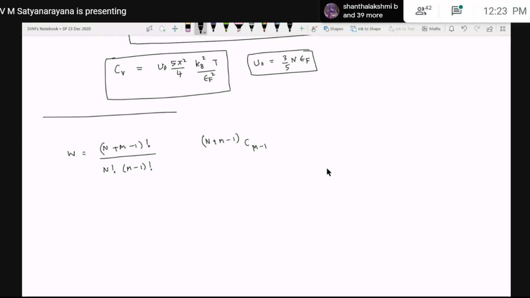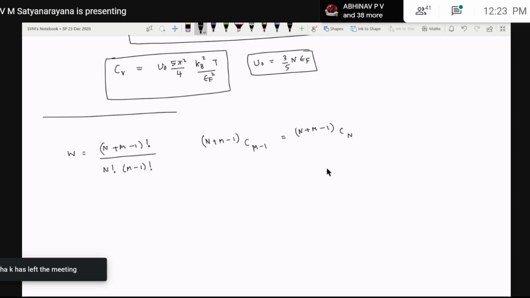But this is the same as n plus m minus 1 C n, right? The coefficient is the same, because this is a binomial coefficient. See, what I'm trying to say is that now n can be replaced by m minus 1.